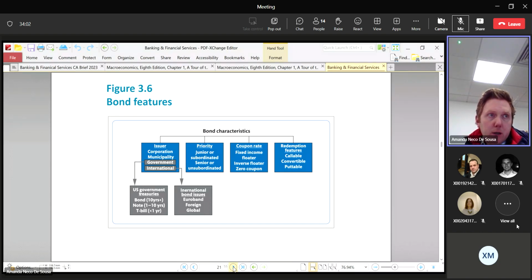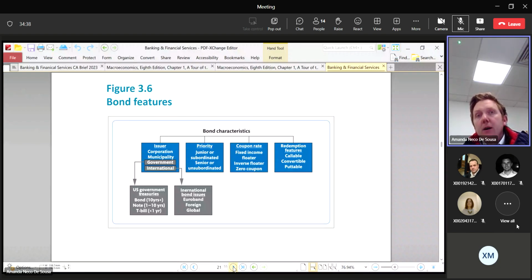You've also got the concept that bonds can be callable, convertible, or puttable. What does that mean? A convertible one is probably the easiest. That means you can convert the bond that you hold into shares in the company in certain circumstances. A callable bond is where I own company A, I issue a bond, and I take the money from you, the investor, for let's say 10 years, and promise to repay you the money and the interest.